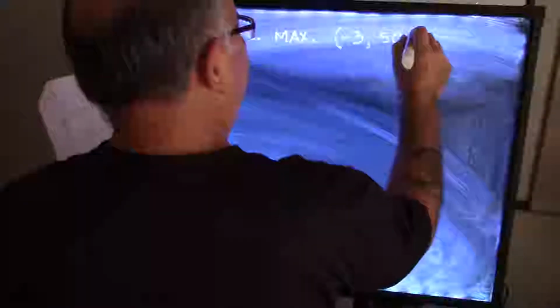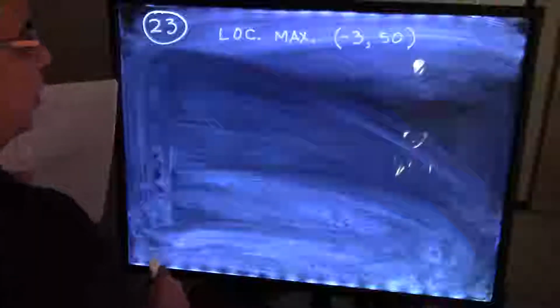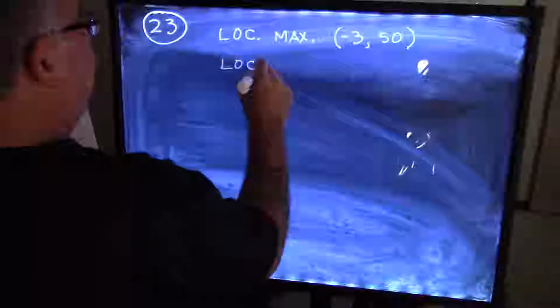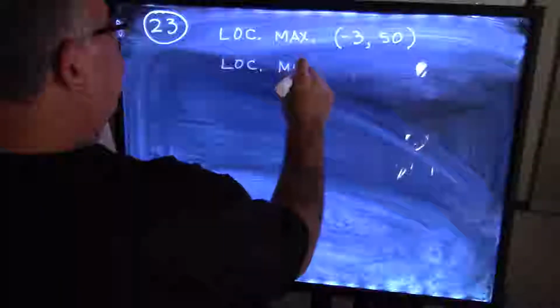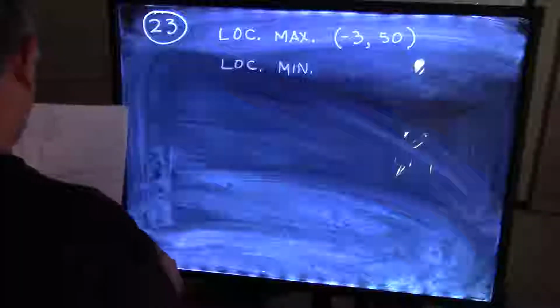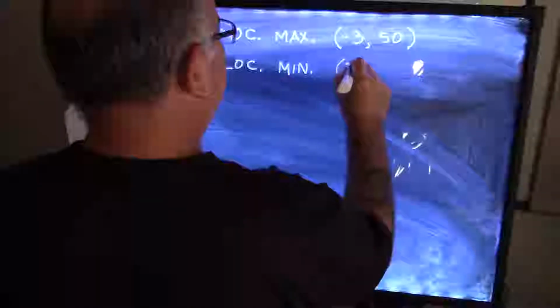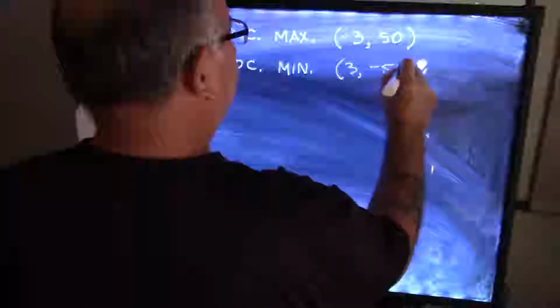This is not an interval. This is a point, alright? That is the local max. X equals negative 3, y equals 50. And the local minimum, or relative minimum, is 3, negative 50.